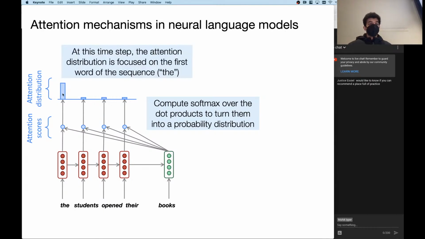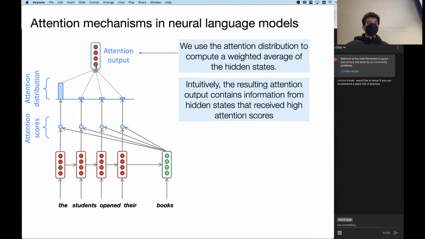So I'm going to multiply this probability by this vector, add it to this probability times this vector, and so on, taking the weighted average of all these 4 vectors, and eventually I get this final vector, which is the weighted average of all of our keys where the weights come from these attention scores. Does that make sense? And so now I have my current time step representation, h sub 4.